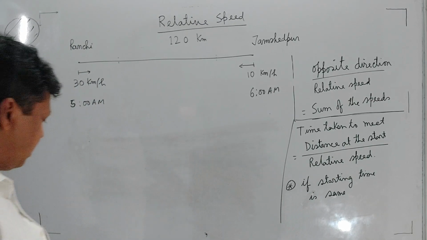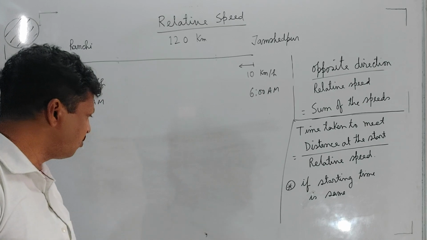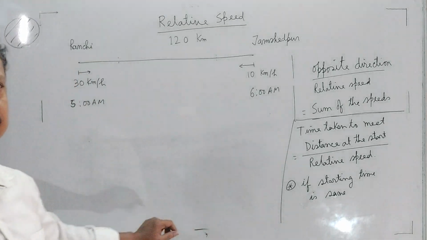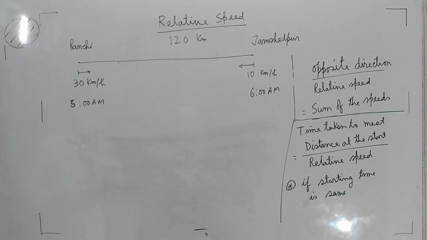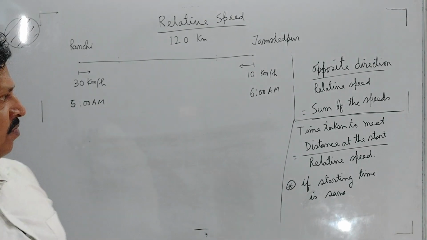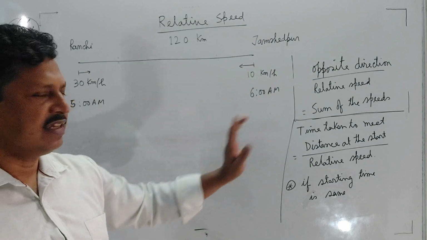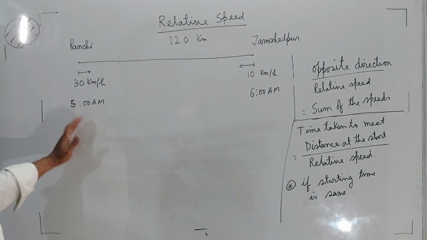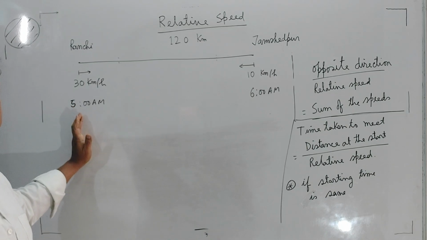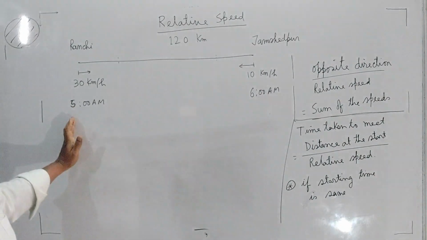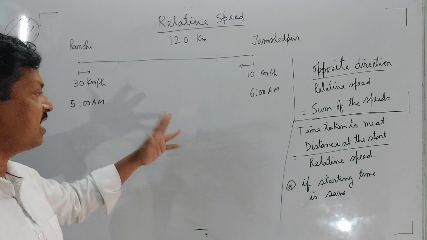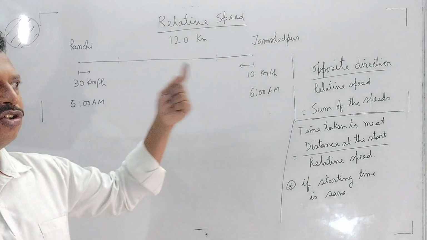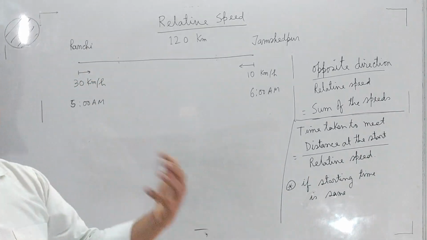Now, at what time will they meet? That is the question. So let us understand how we handle it. This formula is applicable when the starting time is same, so let us move this car till 6 a.m. If I move this car till 6 a.m., then the starting time will be same, because the other car is starting at 6 a.m. So what is the rule?